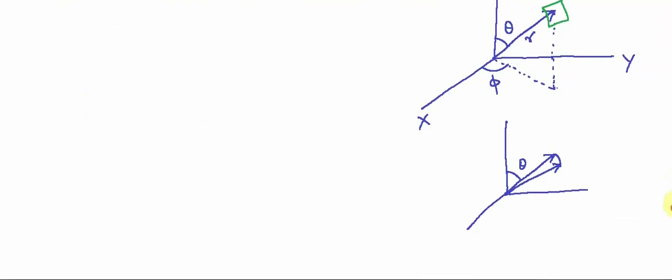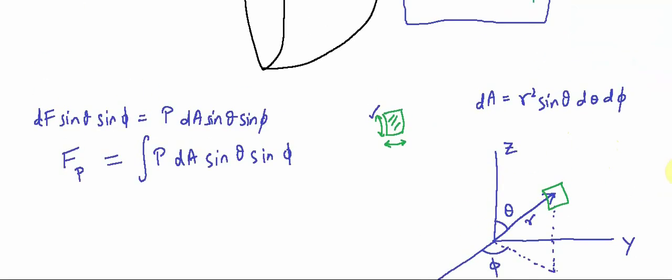So what is the length? Since this is r and this is d theta, an infinitesimally small angle, the length is r d theta, which comes from s is equal to r theta. So one length is done, it is equal to r d theta.